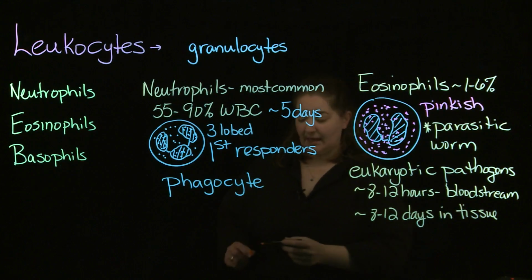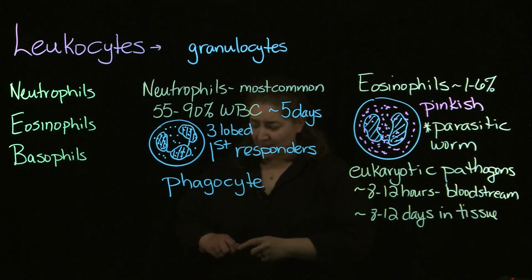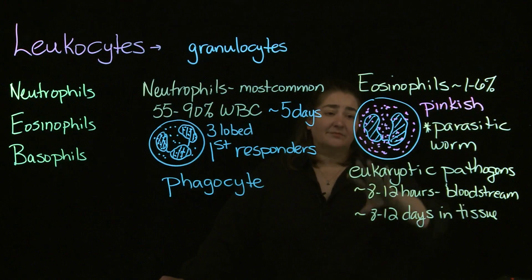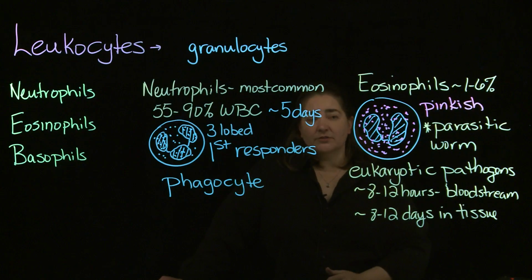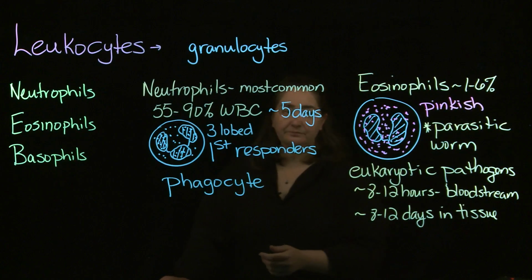So these will kind of hang out in tissue and can function for as long as almost 2 weeks, all right? But typically circulating in the cardiovascular system about 12 hours, give or take, all right?